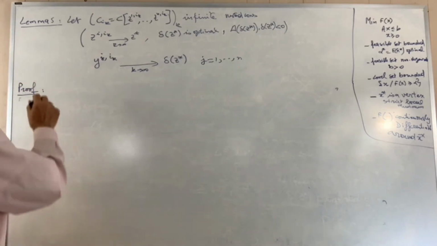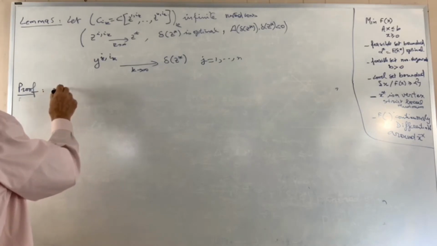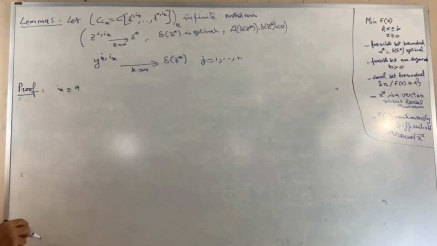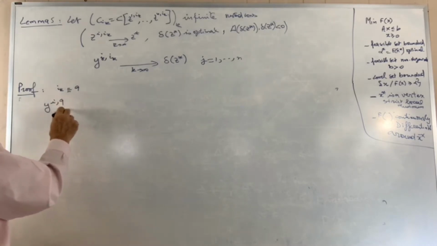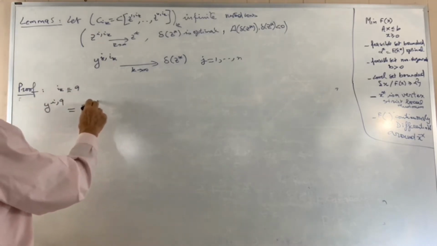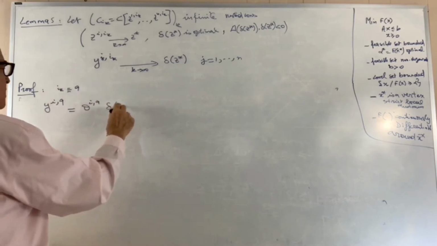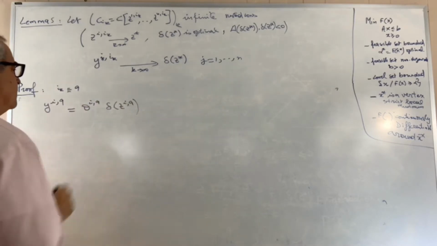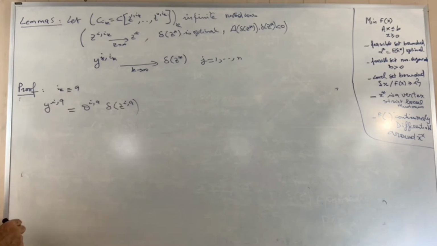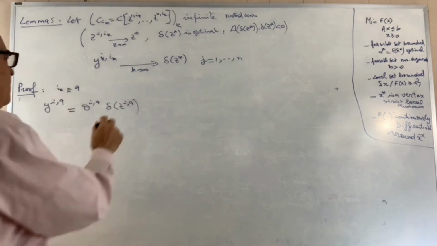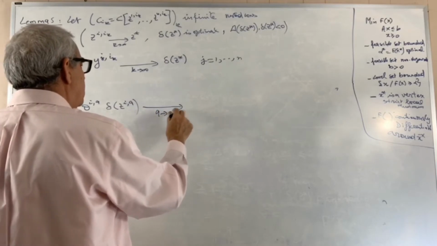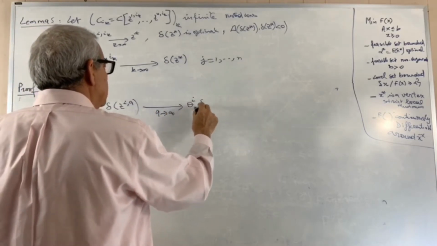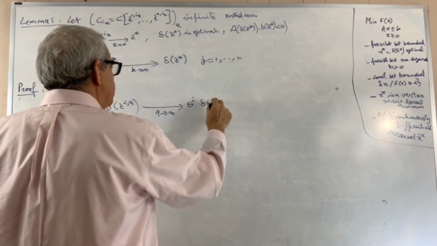Okay. Let's here also call i_k just q. Okay. So y_iq is equal to theta_iq times delta of z_iq. And this converges as q goes to infinity to theta_i delta of z star.